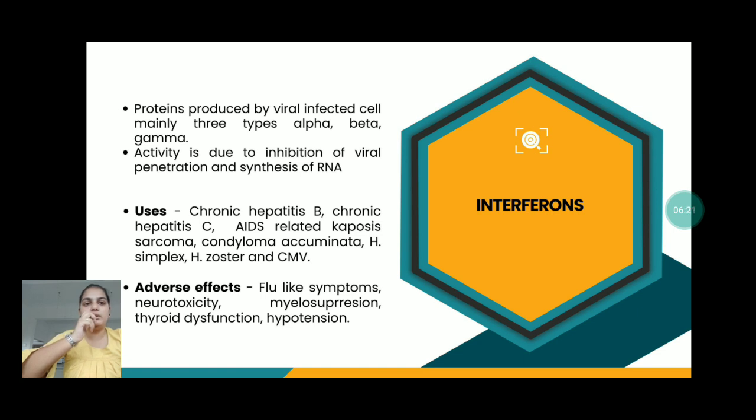The main aim is to inhibit the RNA of hepatitis C virus in the body. Uses are chronic hepatitis B, chronic hepatitis C, AIDS-related Kaposi sarcoma, condyloma acuminata, H. simplex, H. zoster, and cytomegalovirus. The adverse effects are flu-like symptoms, neurotoxicity, myelosuppression, thyroid dysfunction, and hypotension.